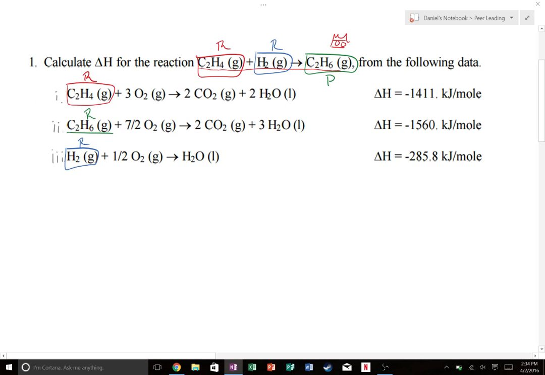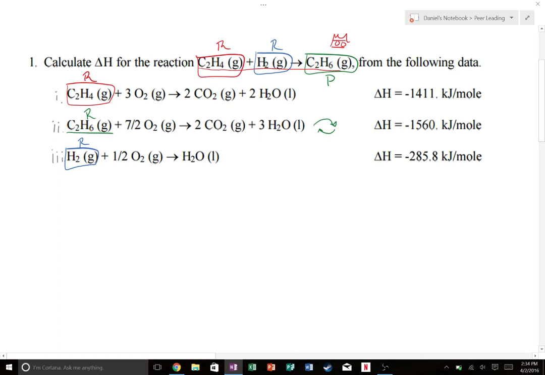So we're going to have to flip this entire reaction around such that this C2H6 is a product, just like C2H6 is a product in the king reaction. To make it simple, I'm going to use these backward and forward arrows.